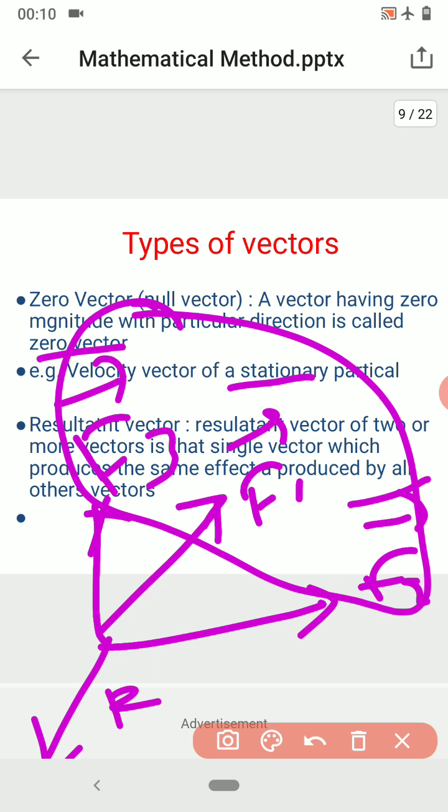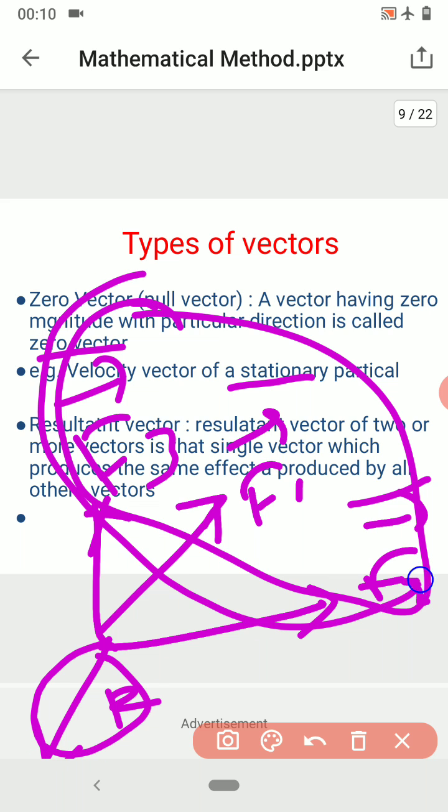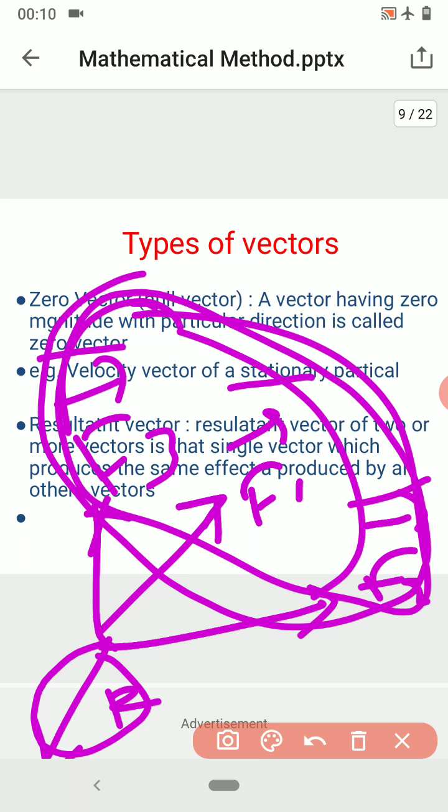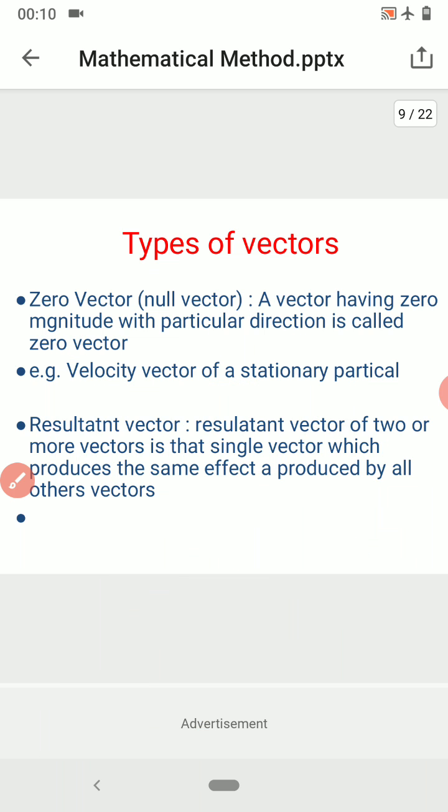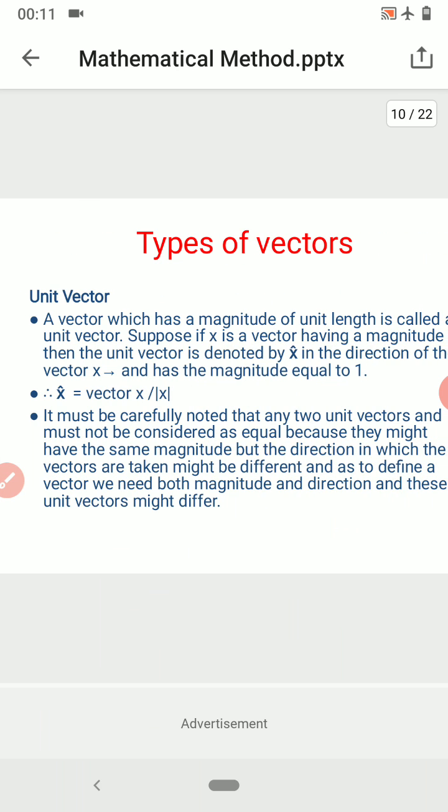So in other language, vector R will be equal to the vector sum of F1, F2 and F3. So it may give the same effect as the addition of all these three forces. So this is called the resultant vector.